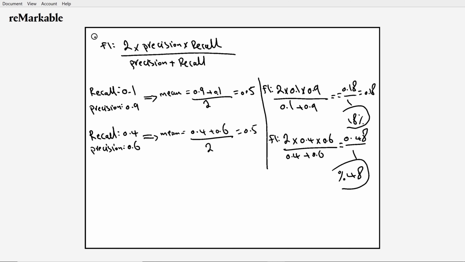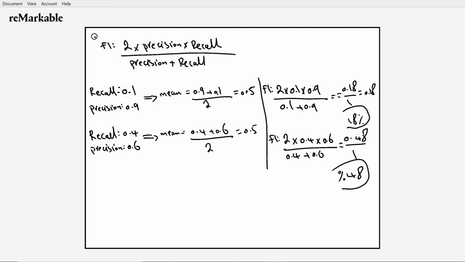How nicely this is capturing the fact that my first model is kind of an extreme model. It's extremely good at one measure and extremely bad at another measure. And so the overall performance of my model is 18%, which basically is telling me this is probably not a good model.